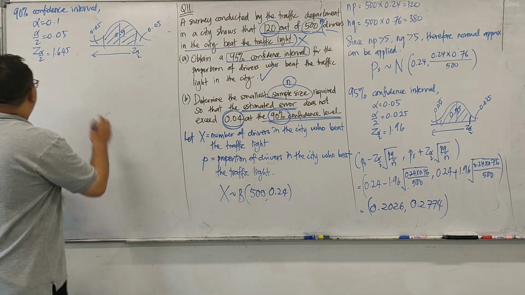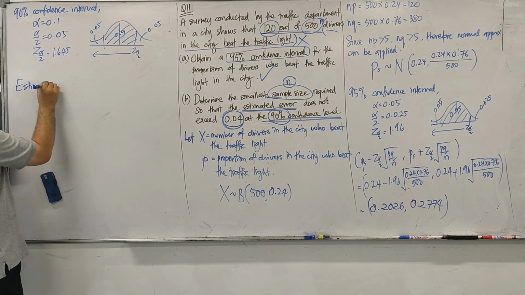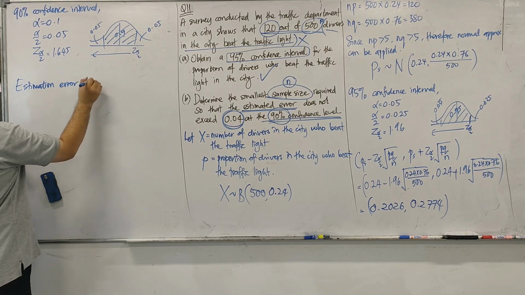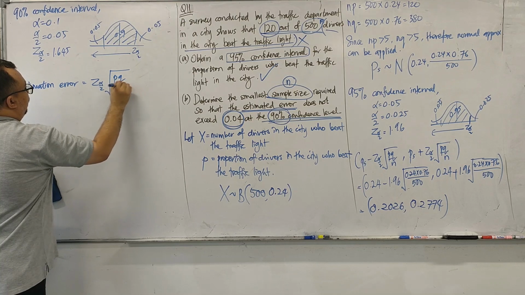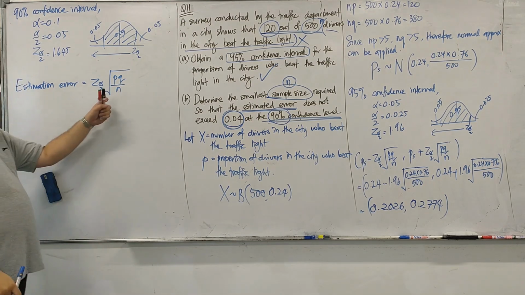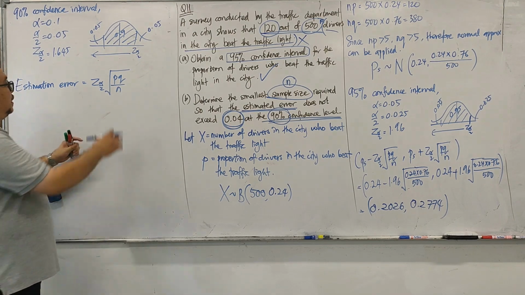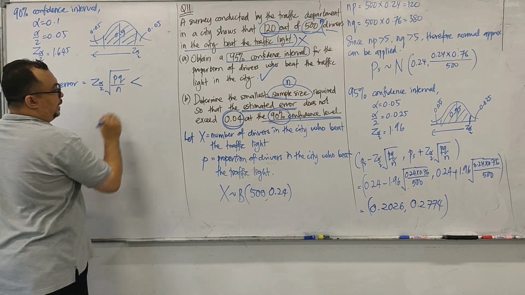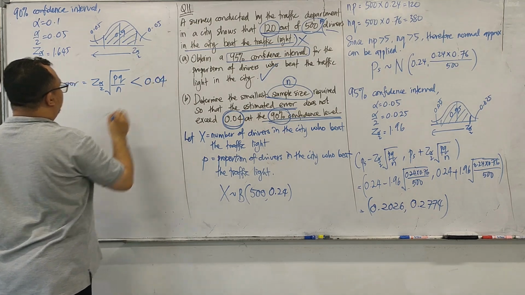Estimation error. What is estimation error? z alpha over 2 square root PQ over n. Okay, estimation error adalah half of your confidence interval. Okay, less than, does not exceed 0.04.